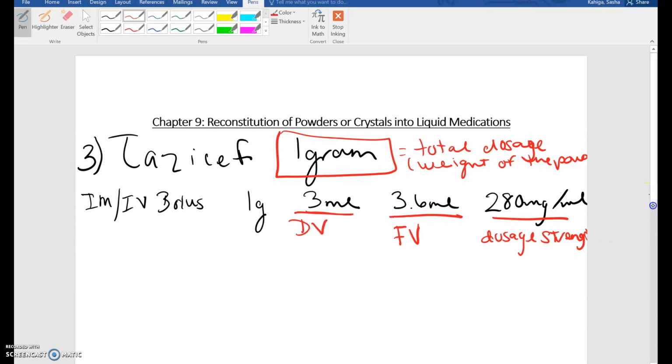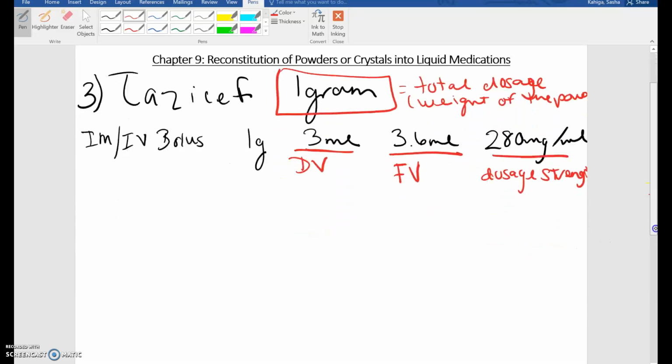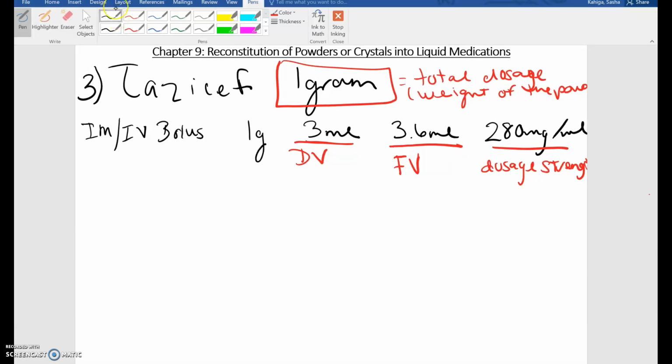Well, let's keep reading on the label. It tells you that for an intravenous infusion, so I'm going to put infusion, it says that if it's a 1 gram, they're to add 10 milliliters.